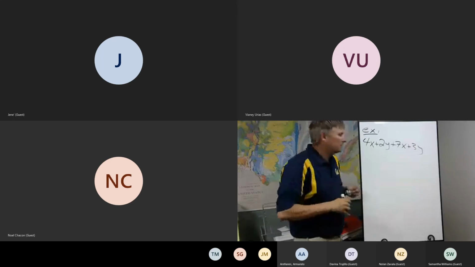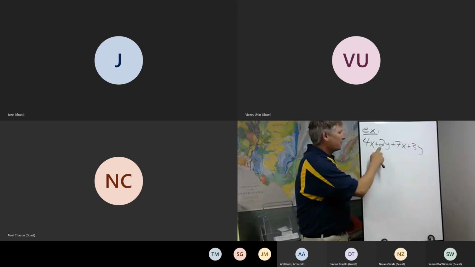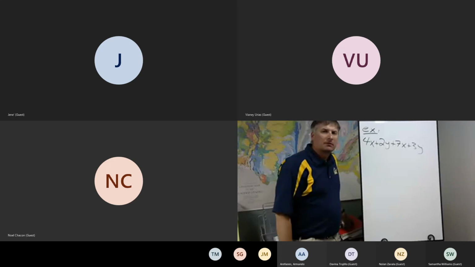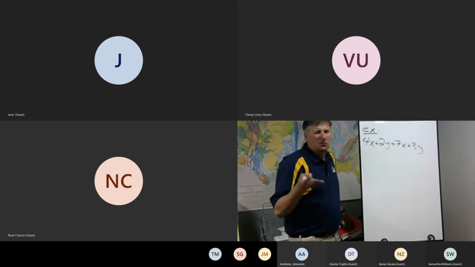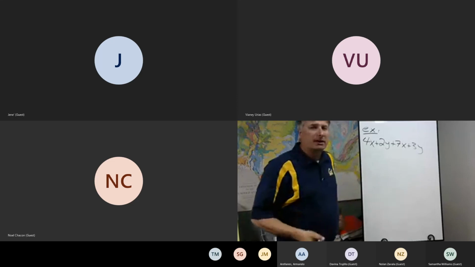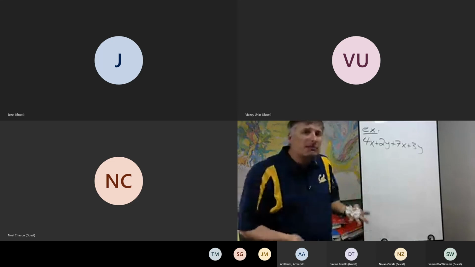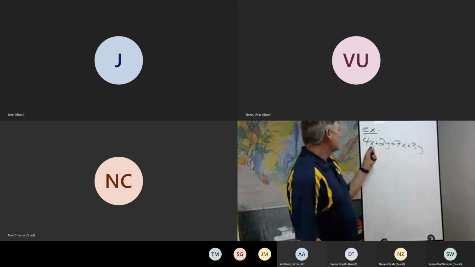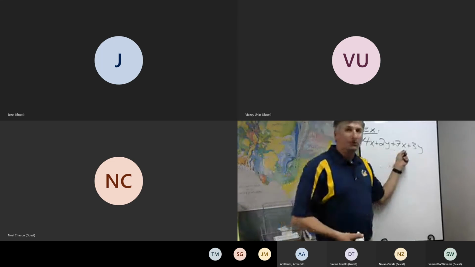Well, it's very tempting to just add up the 4, the 2, the 7, and the 3. But is this for the x or is this for the y? Now, the problem is we want to combine like terms. Now, what we mean by like terms, they're terms with the same variable.